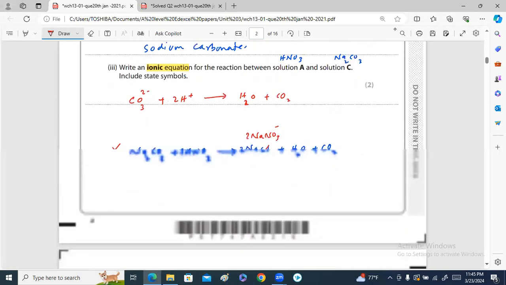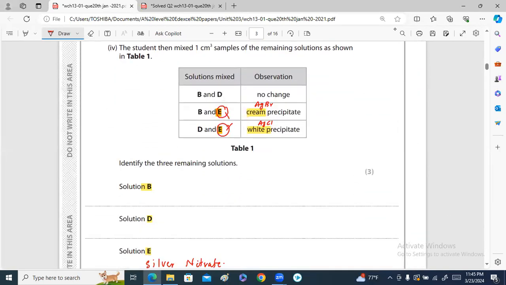So cream precipitate means there must be a bromide. So we can say that B is potassium bromide, and solution D is barium chloride.